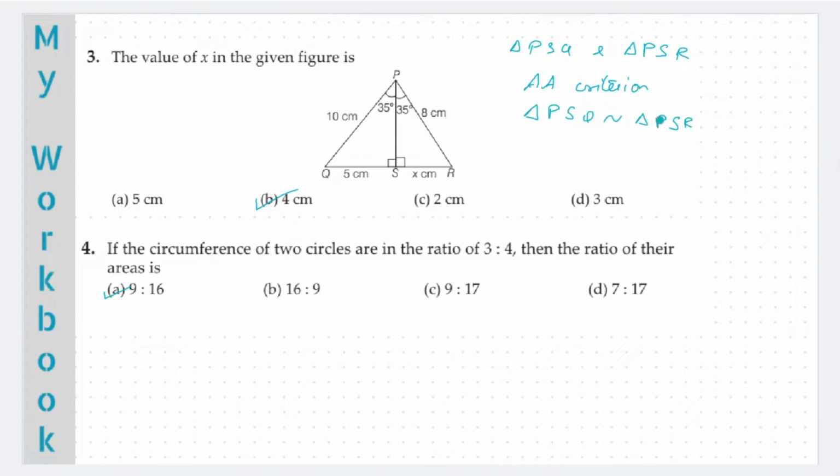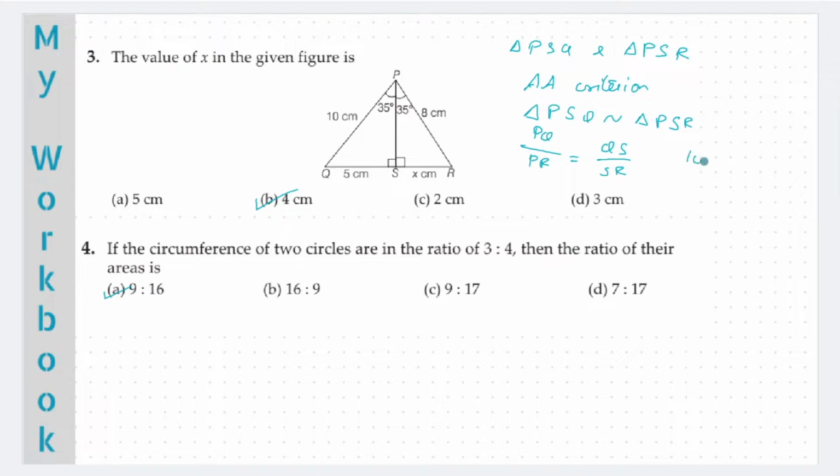So we can write that the corresponding sides are proportional. PQ by PR is equal to QS by SR. PQ and PR values are given.